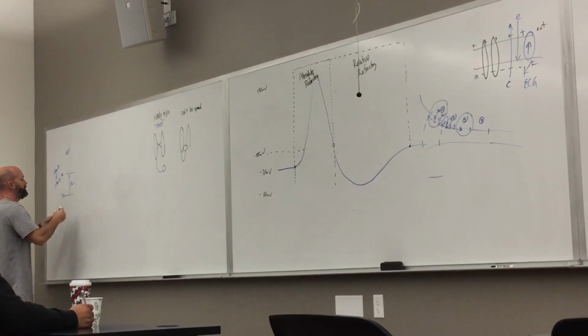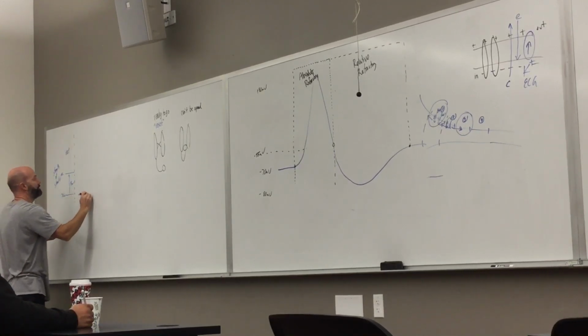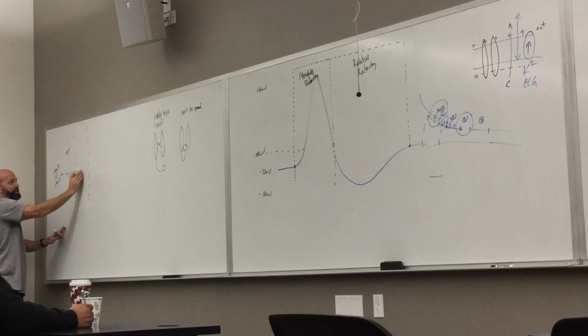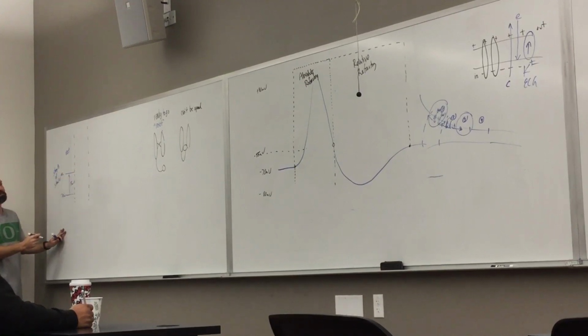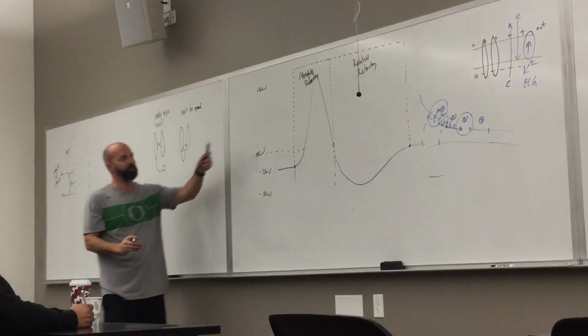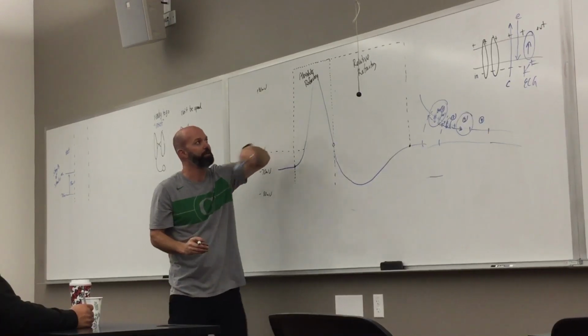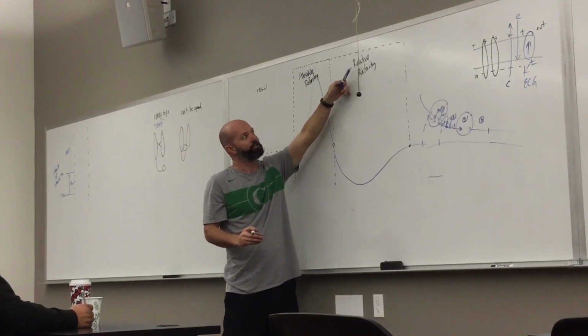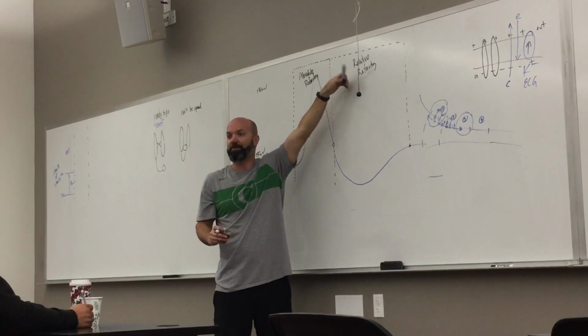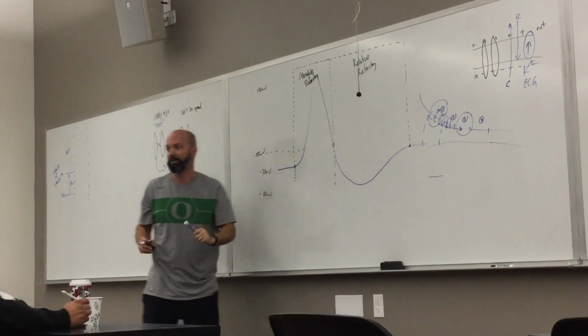And then once you get into the absolute refractory period, there is nothing written on the graph because there is no stimulus strong enough. You simply cannot generate an action potential. One way to remember this: you absolutely can't generate an action potential during the absolute refractory period. You can generate an action potential during relative refractory, but it requires a relatively stronger stimulus.